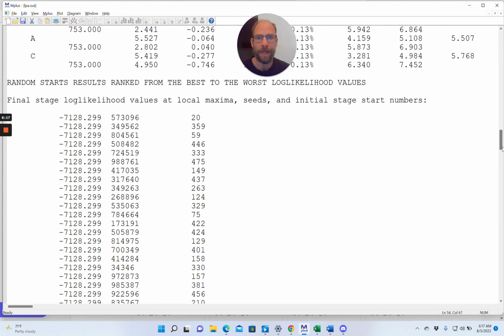And so this allows you to diagnose potential problems with local likelihood maxima, which you do want to avoid because they may be associated with an invalid class solution.